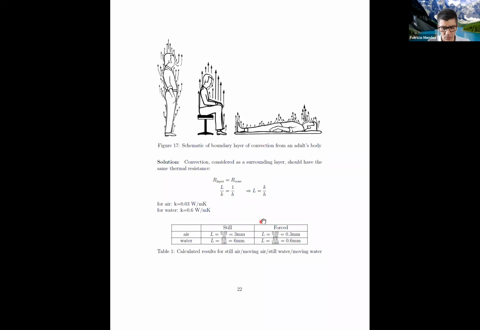And what we saw is that this boundary layer is fairly thin. And we saw also how, for example, in air, if there is no wind, the boundary layer is more or less 3 millimeters thick around our bodies. And in forced convection, if it is windy, the boundary layer becomes a third of the thickness, less than a millimeter, right?